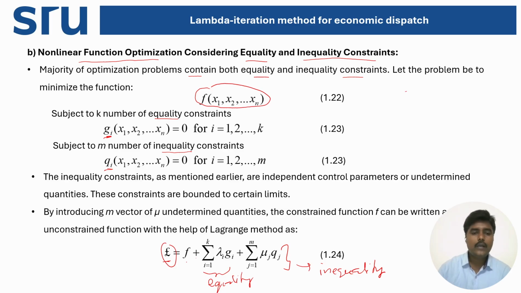Earlier we considered only up to the second term, where we considered the equality constraint, but now we have to consider inequality constraints also. So the Lagrange function has three terms: the function f, then equality constraints, and then inequality constraints.